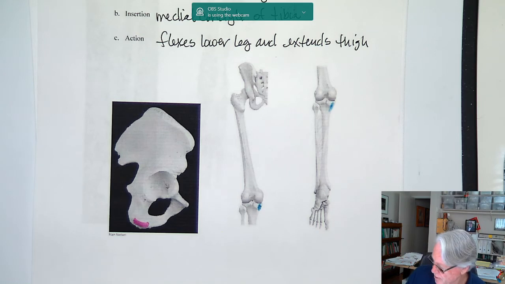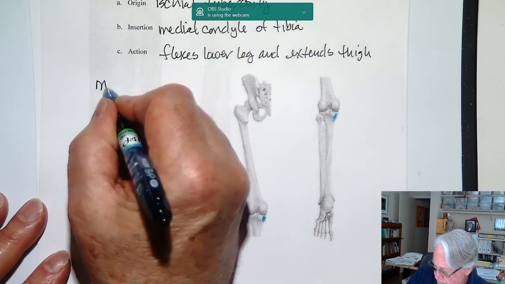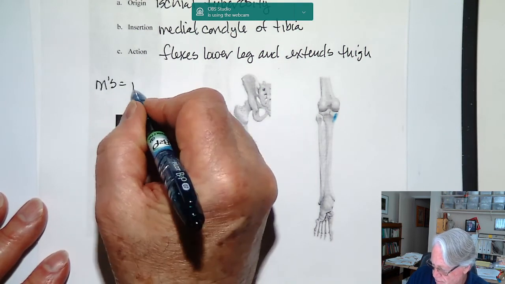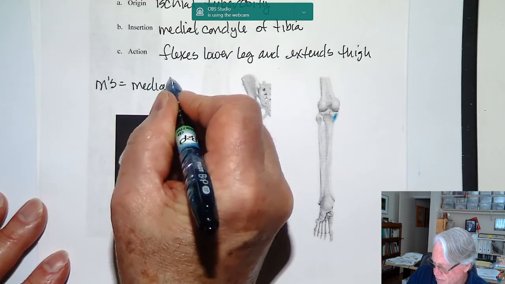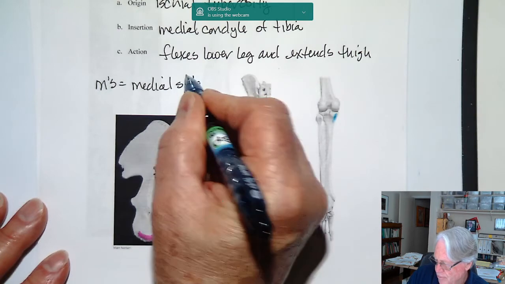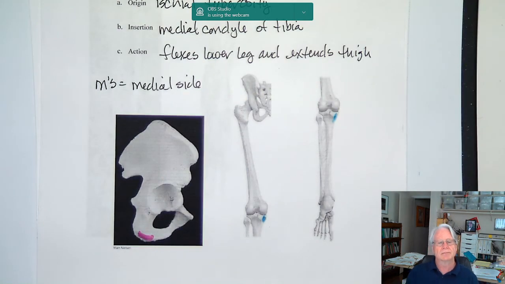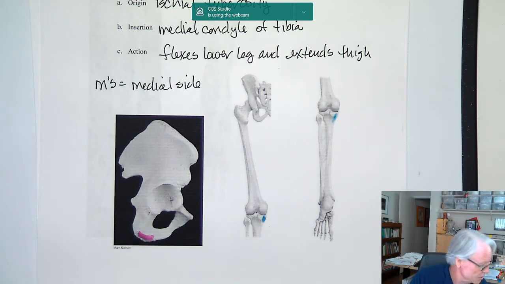And let's go ahead and add this piece of information here. So AMS equals medial side. All right, well, let's take a look at those muscles once again. And here they are.